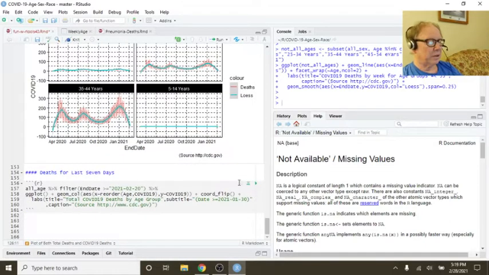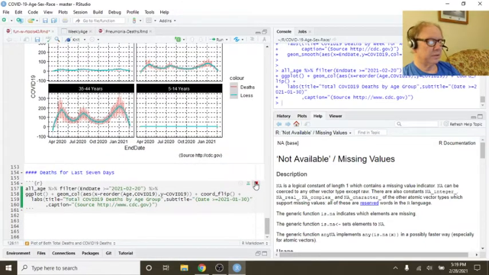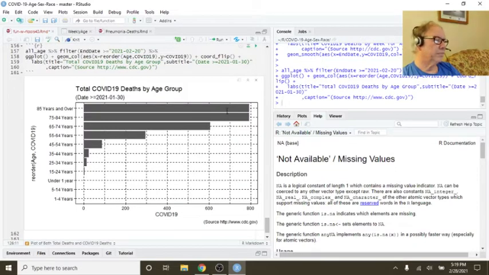Okay, what about the deaths during the last 10 days? So it looks like the data for the last period should be greater than 220.